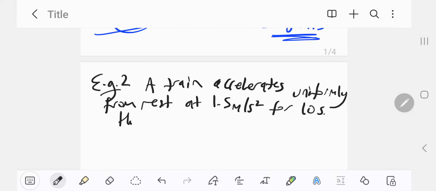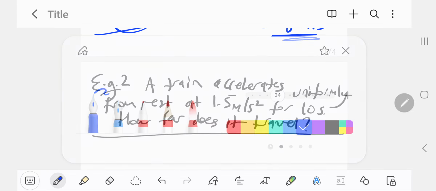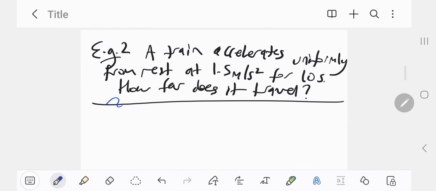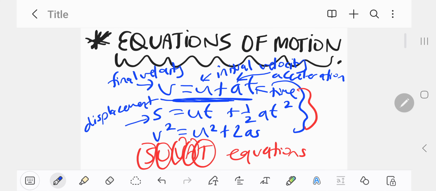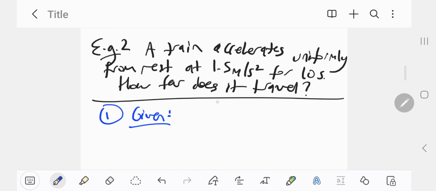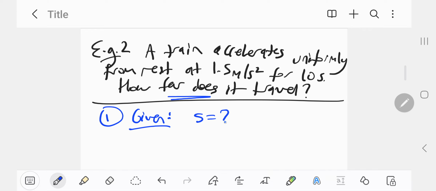How far does it travel? Step 1, given. We need to work out how far does it travel. Now, how far means distance. We don't have distance here. Technically speaking, it's displacement. So we need S. How far means S.